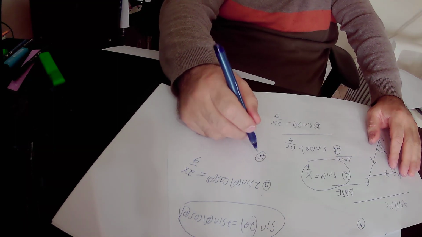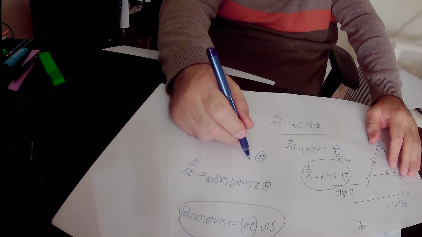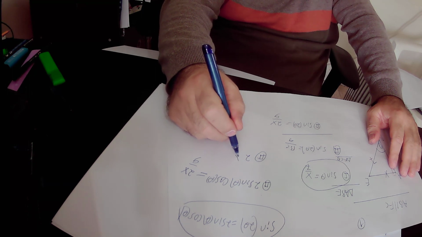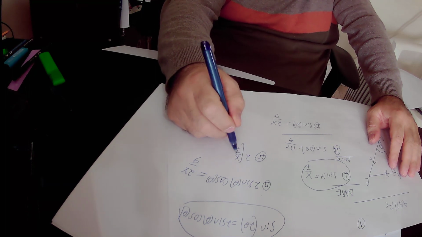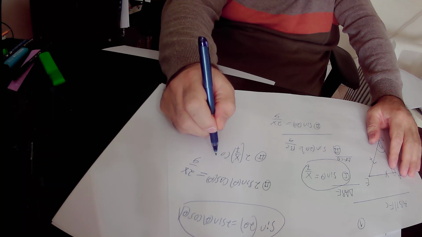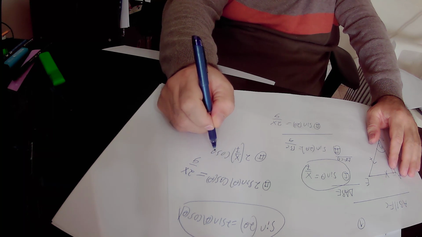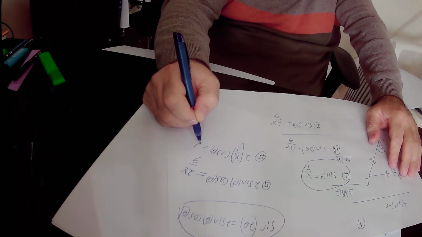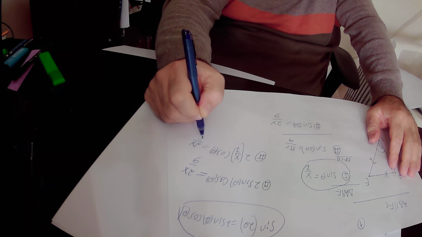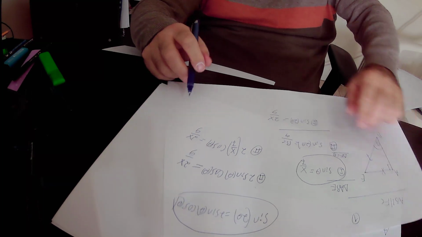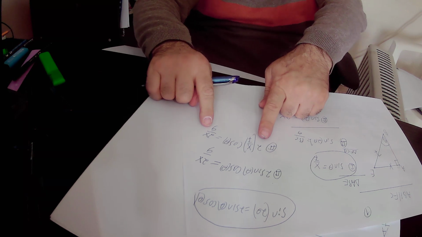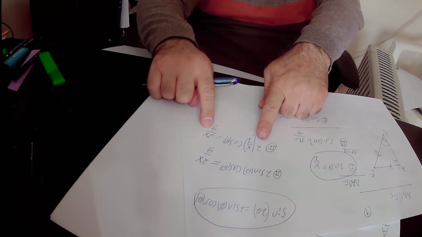2 times sine theta, which is x over 7 according to equation 1, times cosine theta according to equation number 2, equals 2x over 9. Here we have 2x on both sides of equation number 2, so 2x will get cancelled.